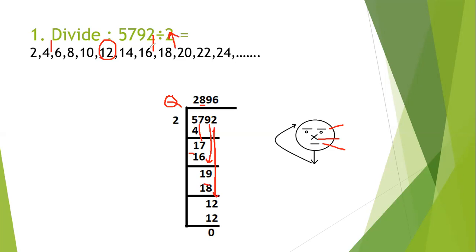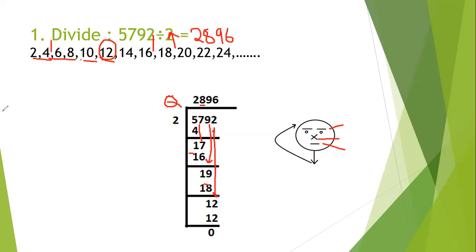If I don't have the number, I count the multiples before this number, but if I find the number, you have to count it. 1, 2, 3, 4, 5, 6. So 6 times 2 is 12. When you subtract 12 by 12, the answer will be 0. So the answer is 2,896. How can I check my answer?